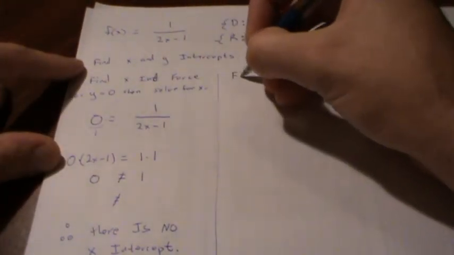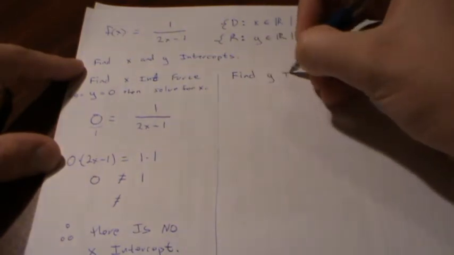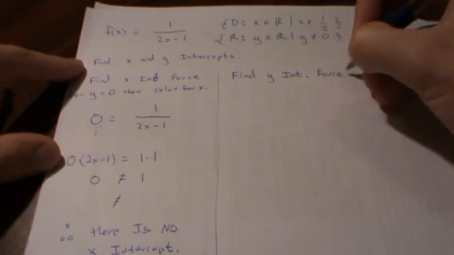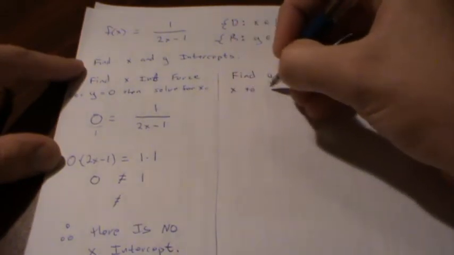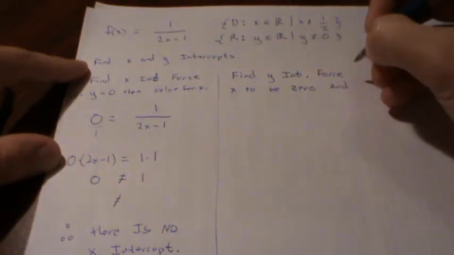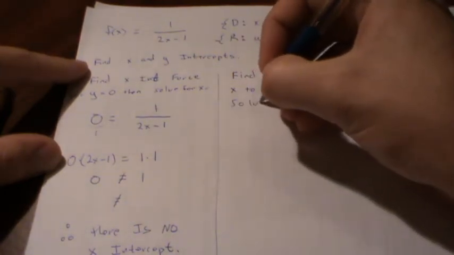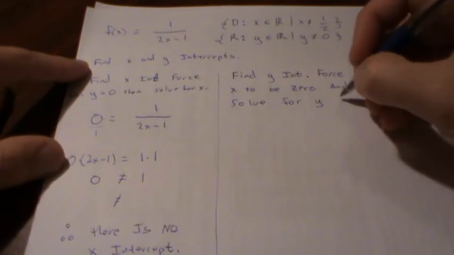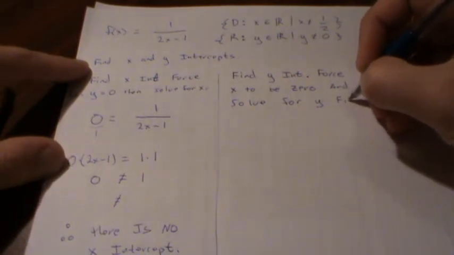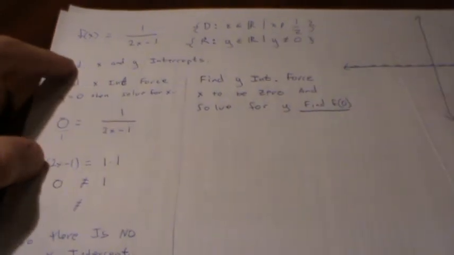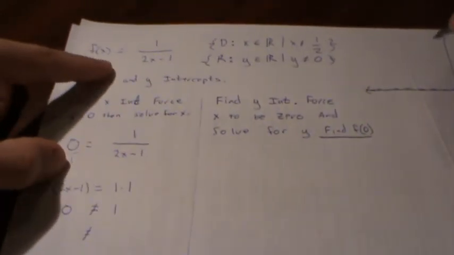Alright, so now to find the y-intercept, you force x to be 0 and solve for y, basically. Or you can also say find f of 0. So we're forcing x to be 0.